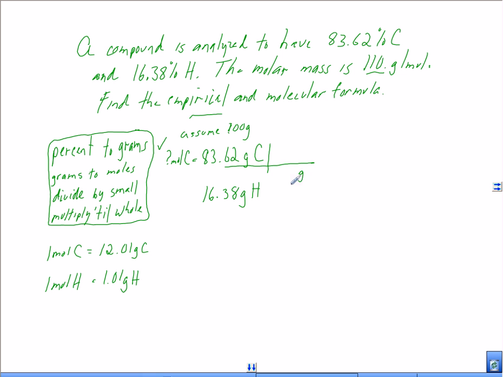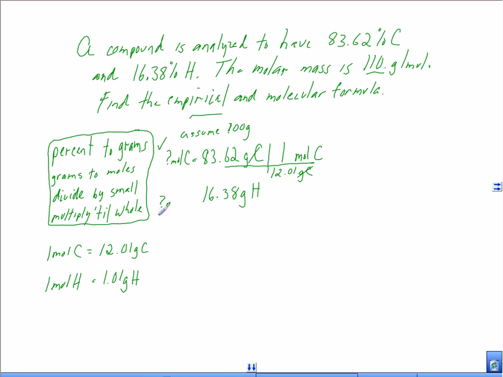Grams of carbon is going to go on the bottom because I want to cancel that. Moles of carbon is going to go on the top because I want to find moles. And in 1 mole of carbon, there's 12.01 grams of carbon. And I get that right off the periodic table.